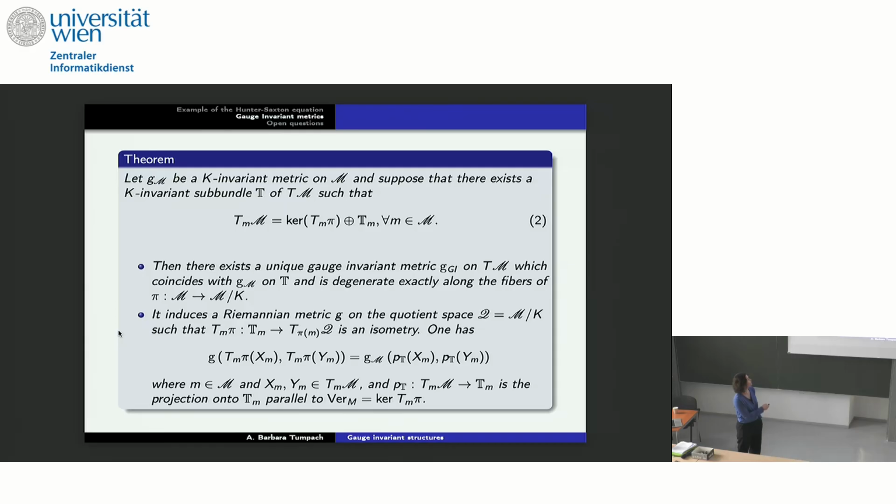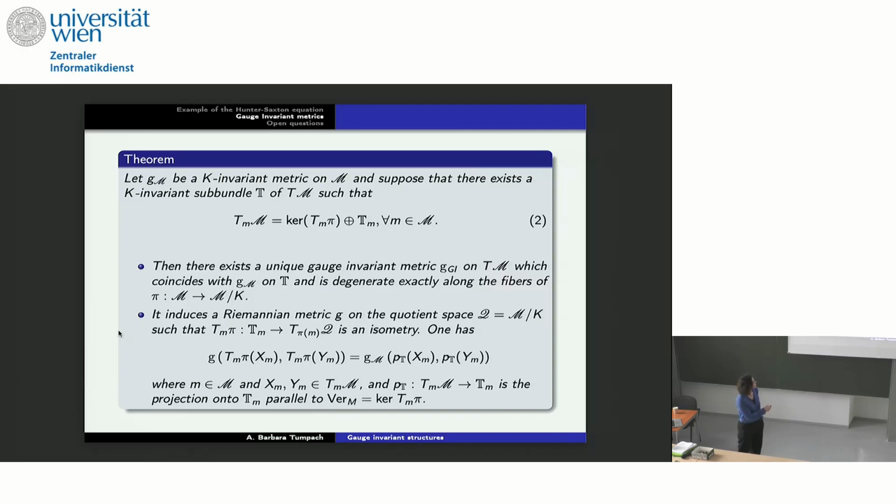This will give you two tangent vectors to the quotient. And any tangent vector of the quotient will be of this form, because we suppose we have a fiber bundle, so the projection is a surjective submersion.